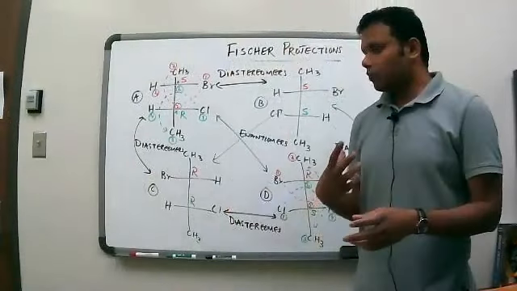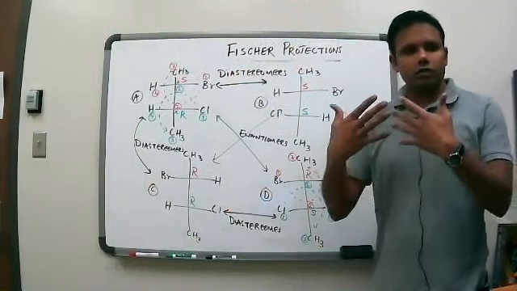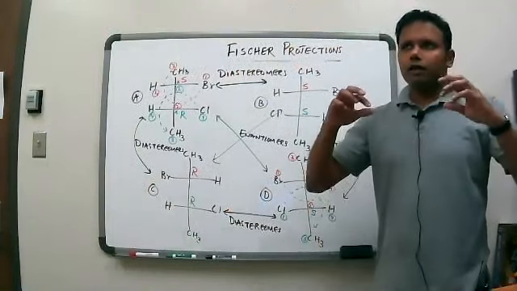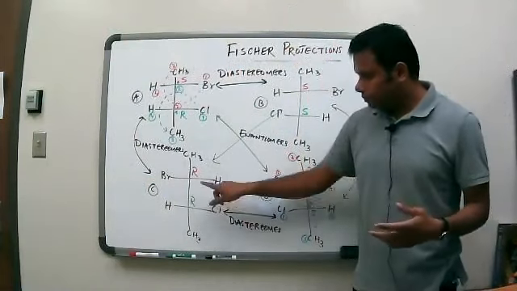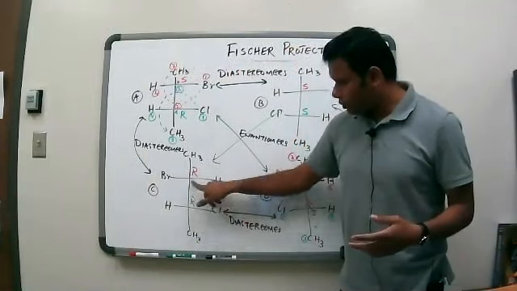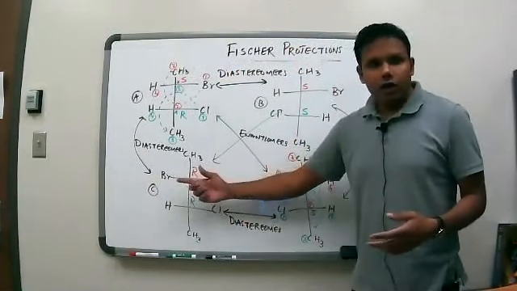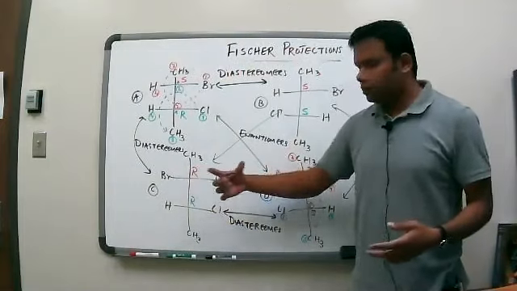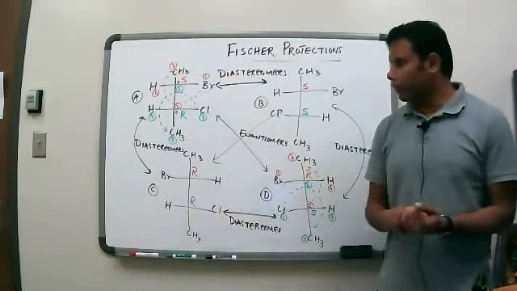So that's basically Fischer projections. What I did is walk you through what Fischer projections are and how these are visualized in space. What you have to remember is every crossing point is a chiral center. Horizontal bonds are on wedges coming towards us. Vertical bonds are on dashes going away from us.